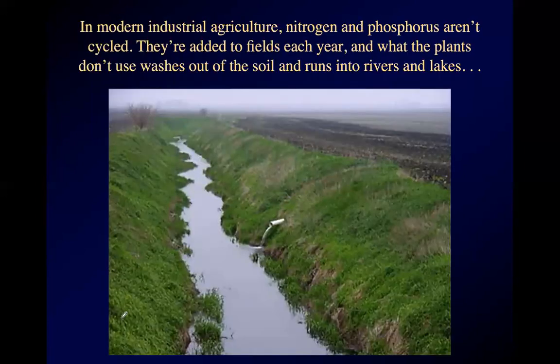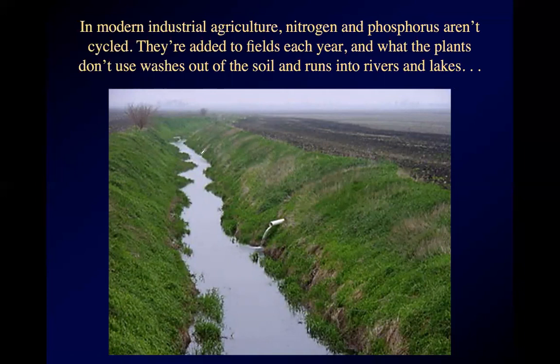And here's what happens to phosphorus and nitrogen in modern industrial agriculture. Nitrogen and phosphorus fertilizer gets spread on fields every year, and the plants growing in the field will take up what they can, but whatever the plants don't take up ultimately washes out of the soil whenever it rains, and it runs from the fields into drainage ditches, as you can see it doing here.